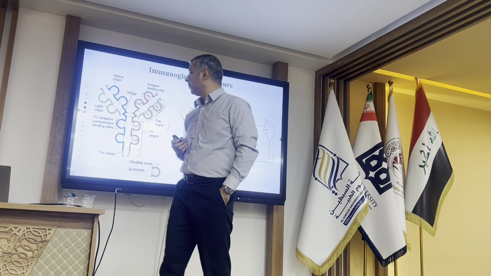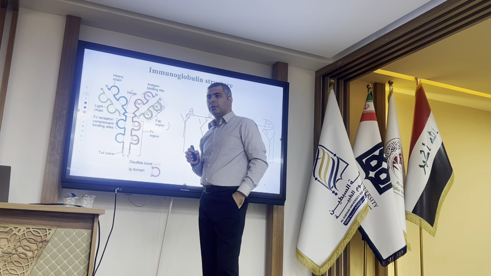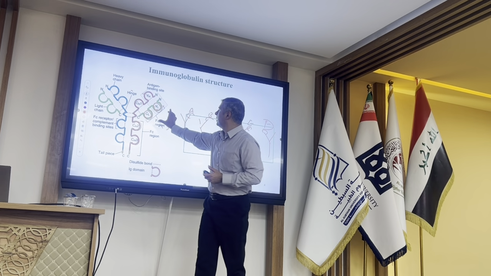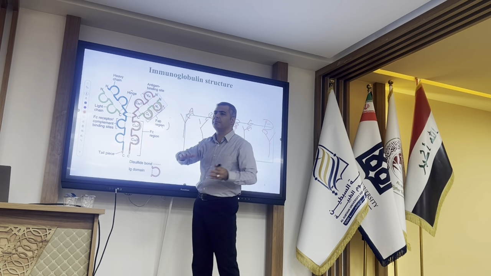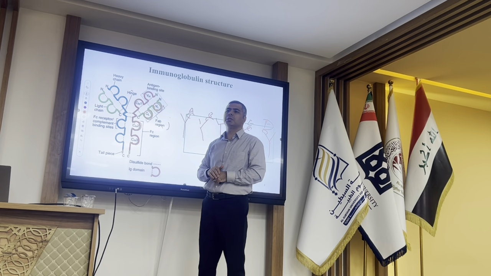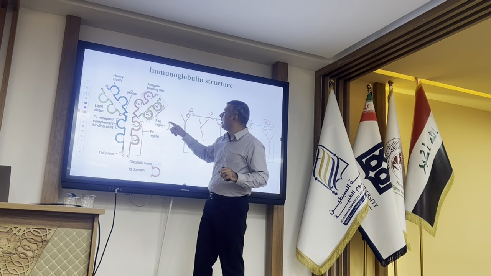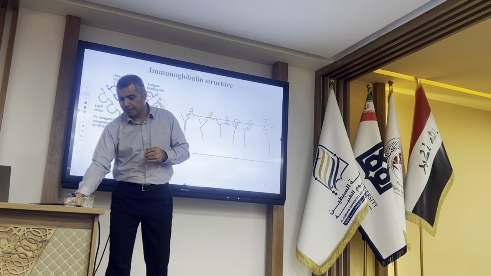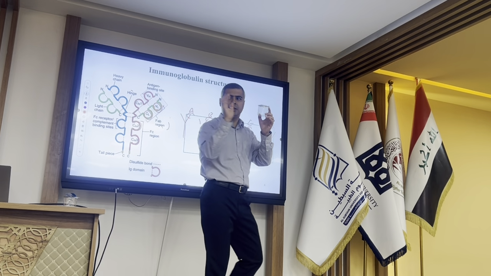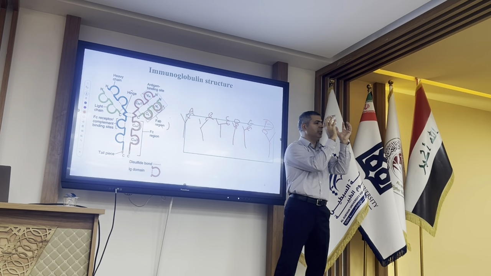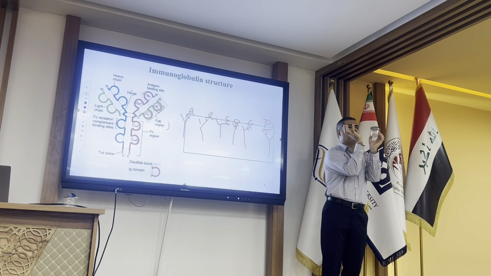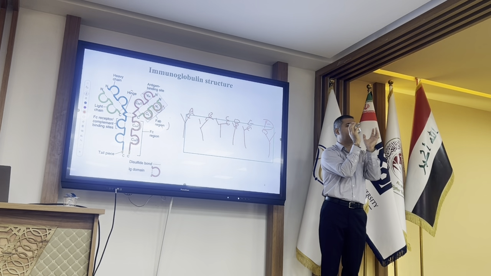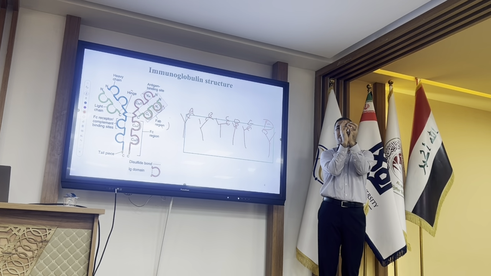What is the difference between heavy chain and light chain? Light chain is a smaller chain, the heavy chain is the bigger chain, that's it. The antigen binding site is composed of one variable region of light chain and one variable region of heavy chain.